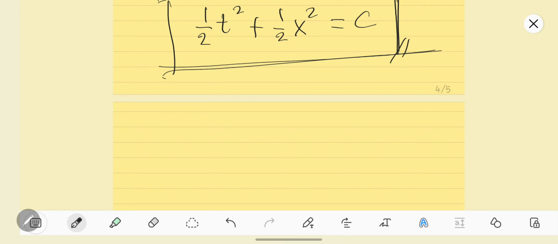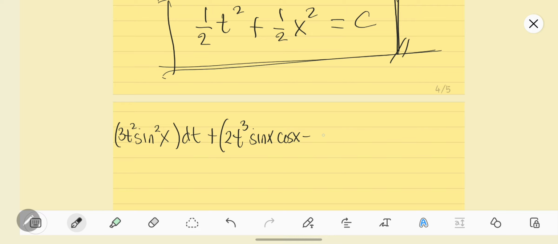We will try to rewrite that: 3t squared sine squared x dt plus 2t cubed sine x cosine x minus 2 e to the 2x dx is equal to 0.